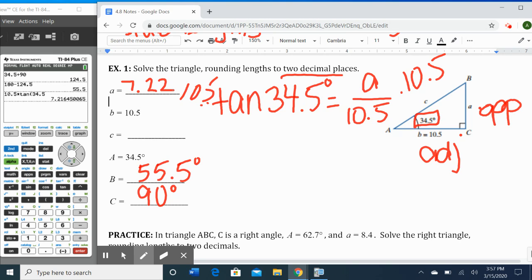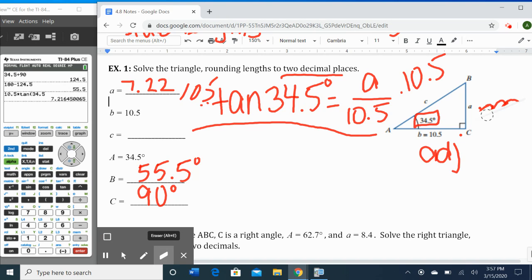And then I need to find side C. So what I'm going to do is compare side C, and I'm going to use this angle B. See how I rounded 7.22? That means I don't necessarily want to use it to find side C, because it might be off just enough that it's going to be 1/100th off, and then I'm going to get the wrong answer.